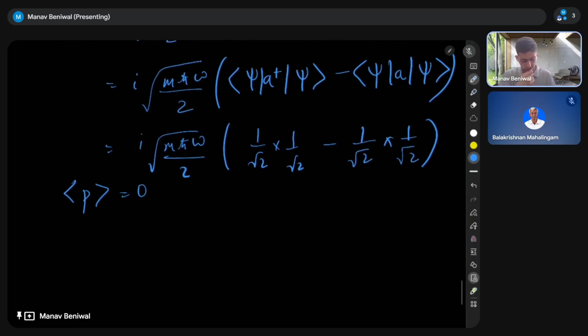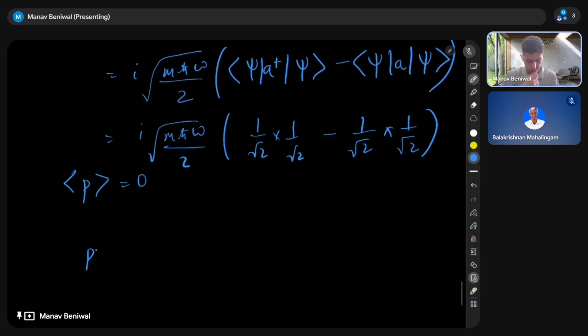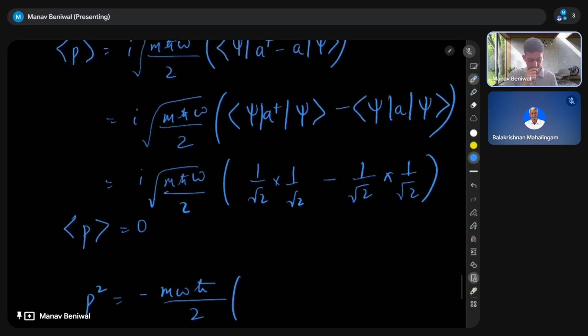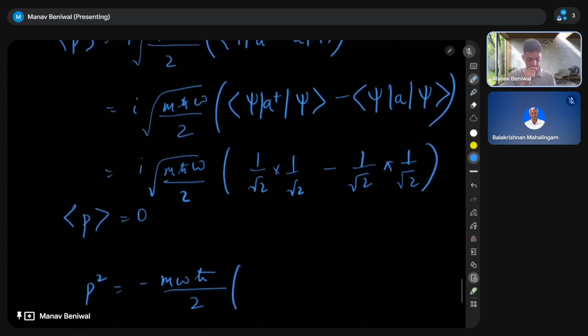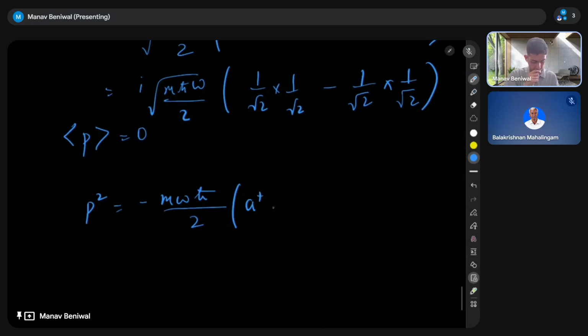So now, what about p squared? Now p squared will become, this iota squared becomes minus, and the under root goes over. So we have m omega h cut by 2. And here we have a dagger minus a squared.